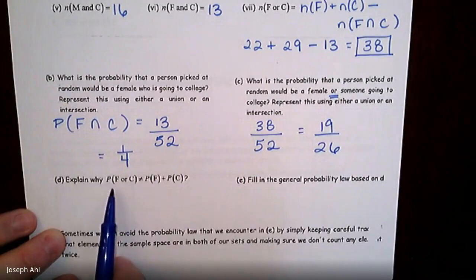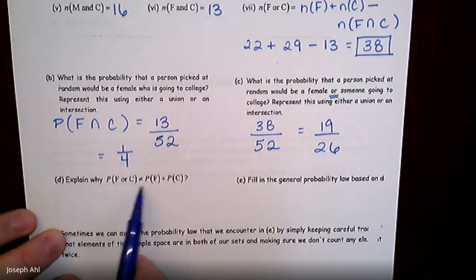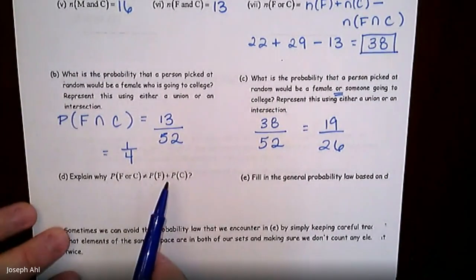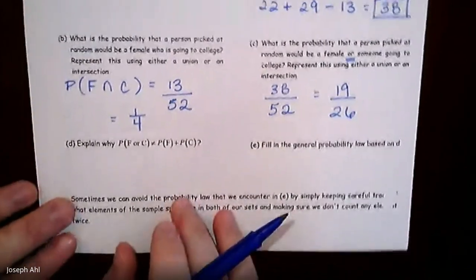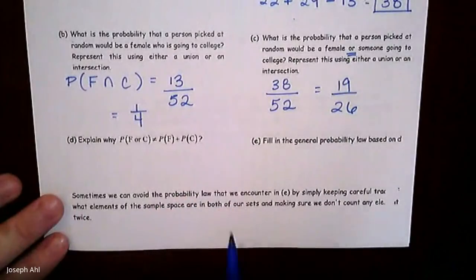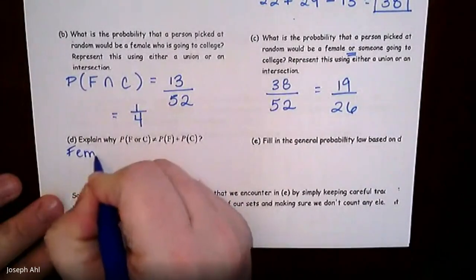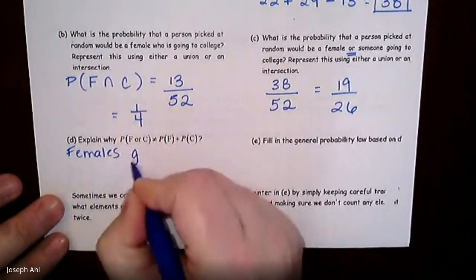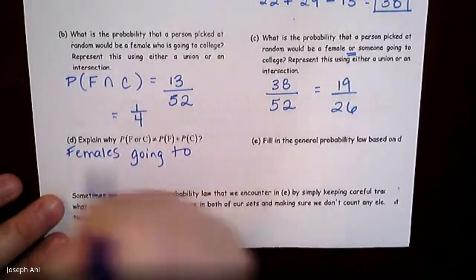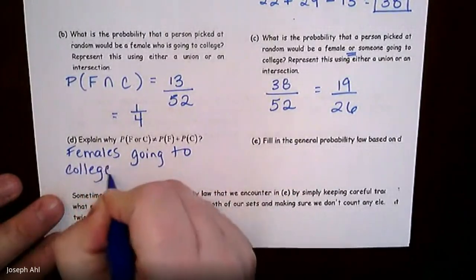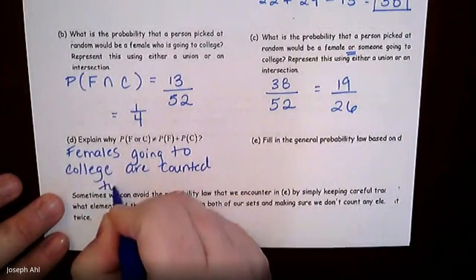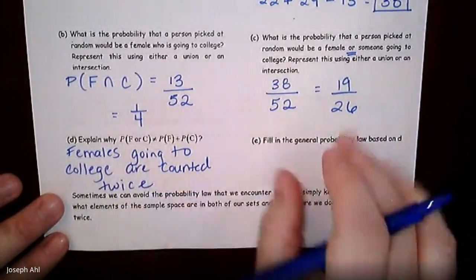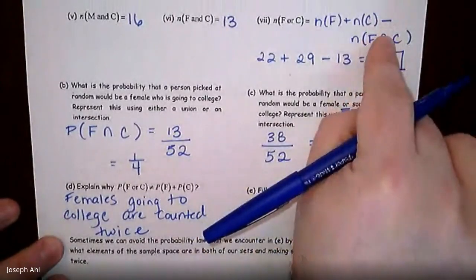So explain why the probability of female or college doesn't equal probability female plus probability college. And the reason why I'm hoping you would say here is that there's going to be some overlap there, right? So the females going to college are counted twice. And to avoid that double counting, that's why we're going to subtract out the intersection like we did up here.